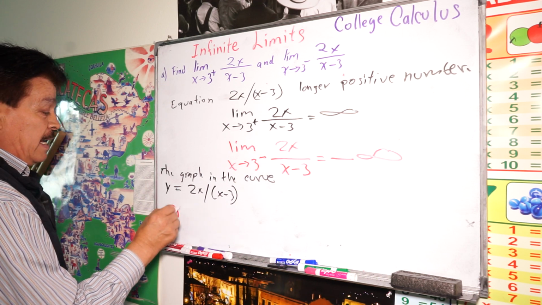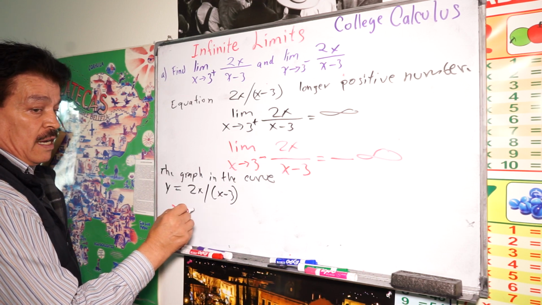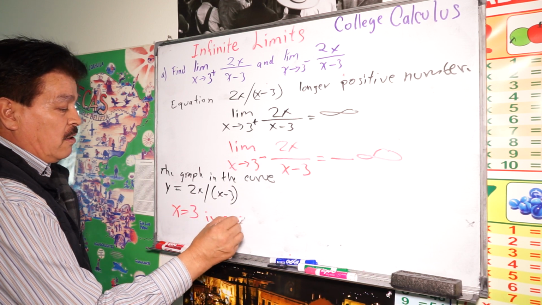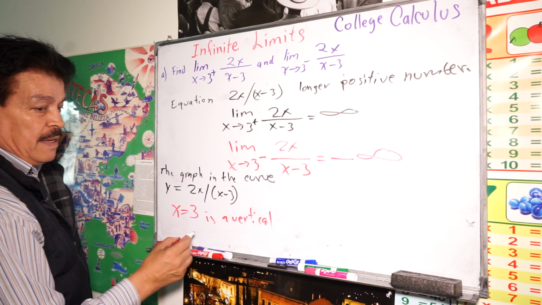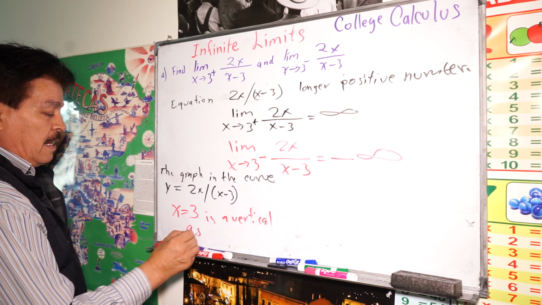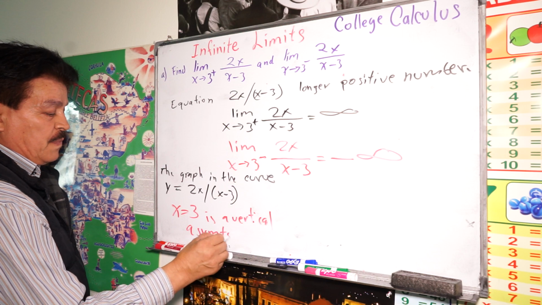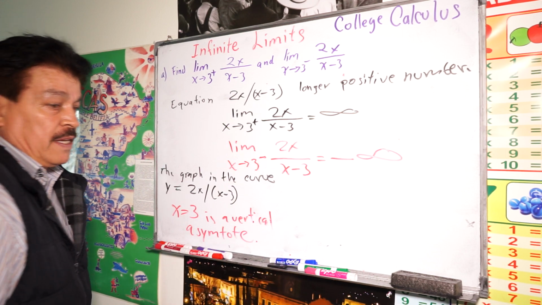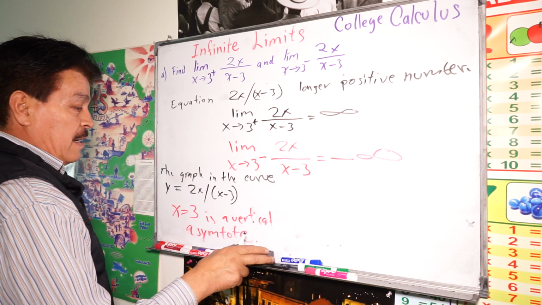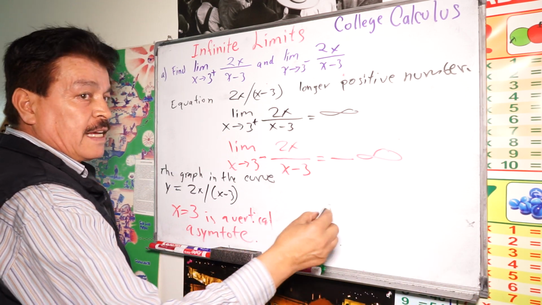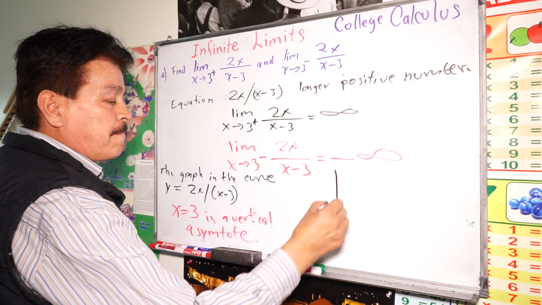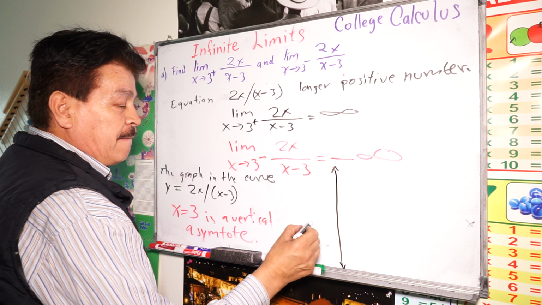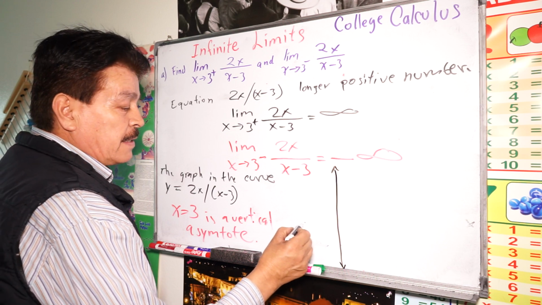So here x equals 3 is a vertical asymptote. Okay, so let's draw a little graph right here. When you have it, this case is like this. All right, let me show you the little graph right here, and then like this.